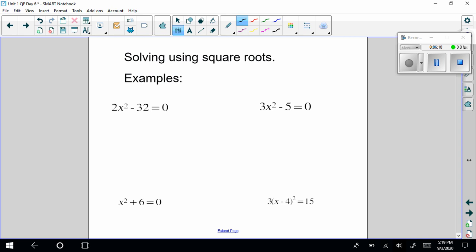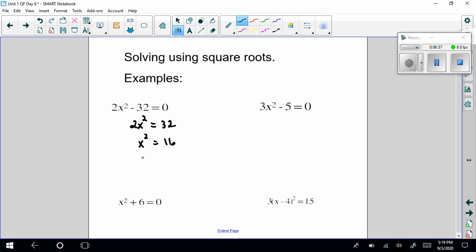Okay, so in this case, since that b value is missing, the bx value, if it's equal to 0, you can just move that 32 over and solve. So if I move the 2x squared and move the 32 over, it becomes a positive 32. I can divide both sides by negative 2 or positive 2 and get x squared equals 16.